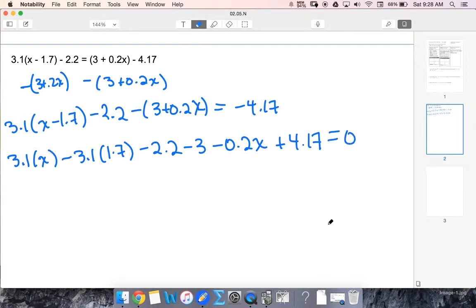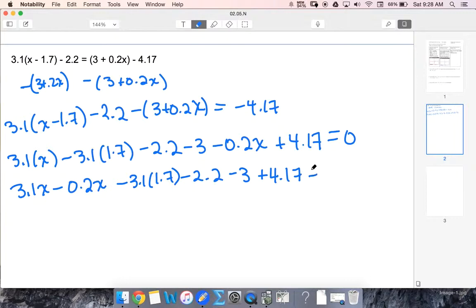And that's equal to 0. Of course, you could put this in your calculator and get all these numbers, but we don't actually have to. The only thing I need to do is rearrange them so that all the x's are together. So 3.1x minus 0.2x minus 3.1 times 1.7 minus 2.2 minus 3 plus 4.17.